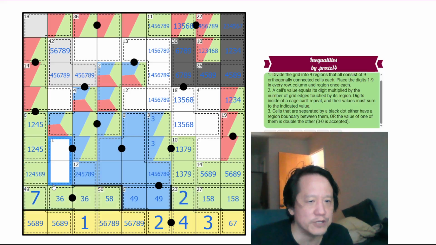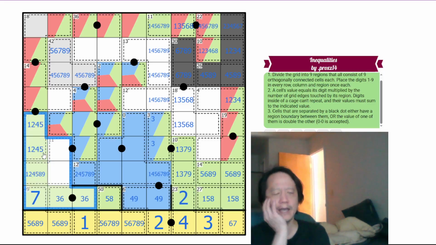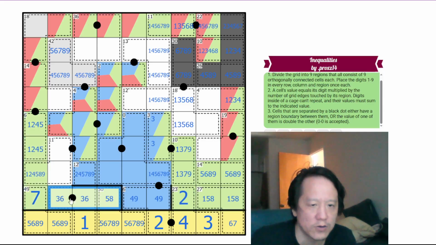We know one of these is at least 11. So we actually have either 8 digits here adding up to this sum, or all 9 digits here adding up to all of these. Can we have just all 9 here, is the question. So that would be 11 plus 6.